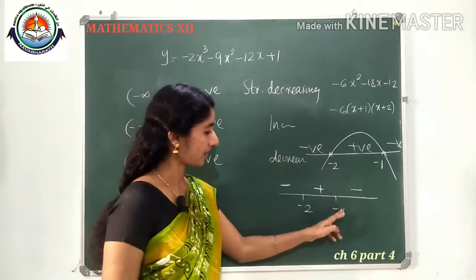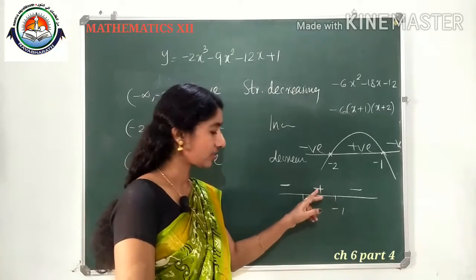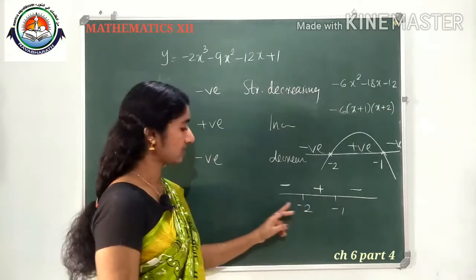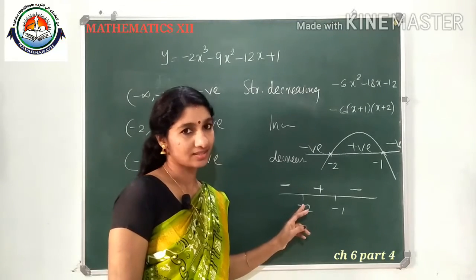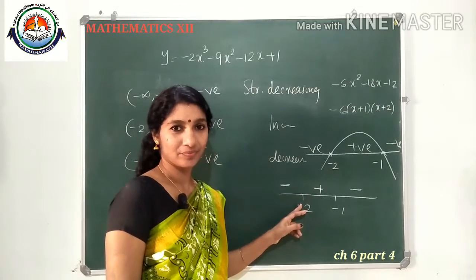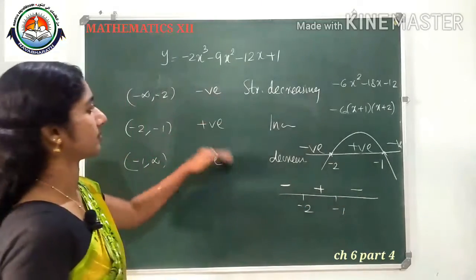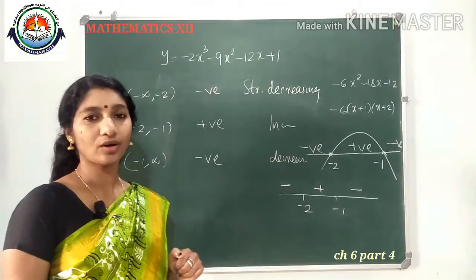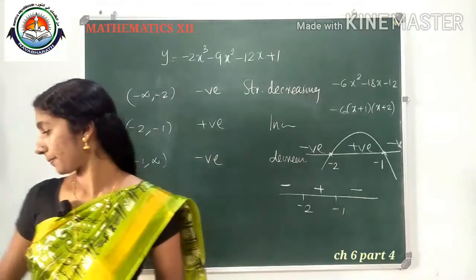That means from minus 1 to infinity it is decreasing, from minus 2 to minus 1 it is increasing, and from minus infinity to minus 2 it is decreasing. Like this, in a short way, you can write whether it is increasing or decreasing. Got it?